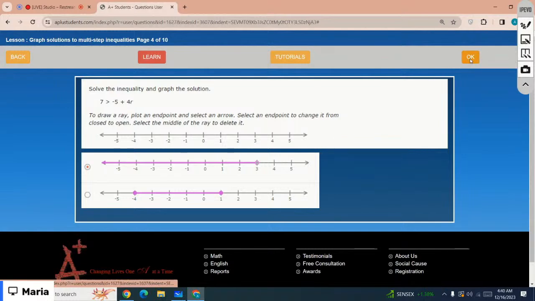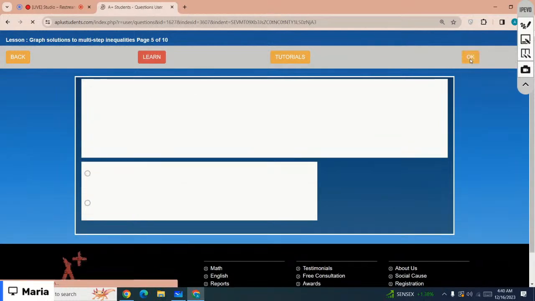That is the solution of the inequality, right?